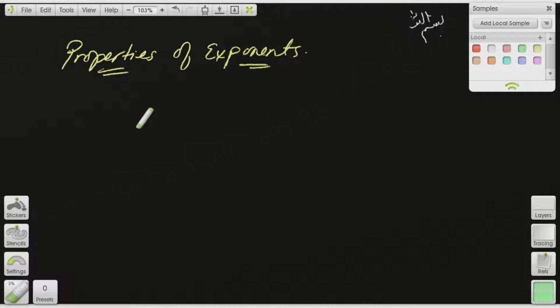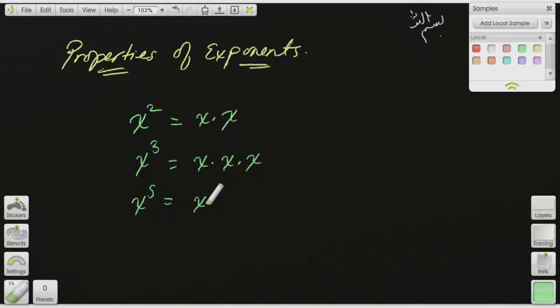Okay, when we say x squared, we mean x times x, right? When we say x cubed, that means we multiply x by itself 3 times. In the same manner, x to the 5th would be x times x times x times x times x, like that.